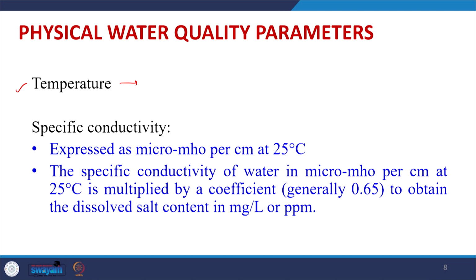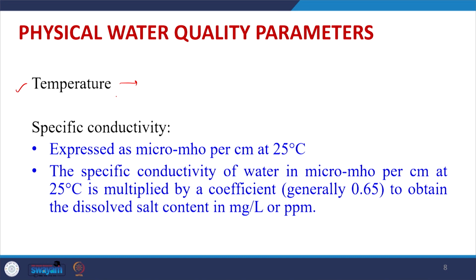The temperature of water is generally the same as ambient temperature, but under certain conditions the water coming out from something like a thermal power plant will be at a higher temperature. So, we have to see that thermal pollution should not happen. That is why we should report the temperature of the water at its source.